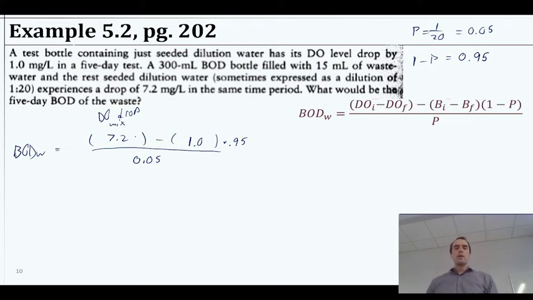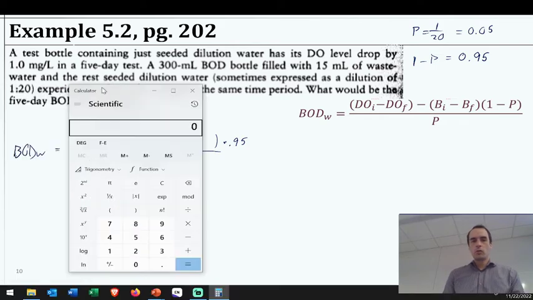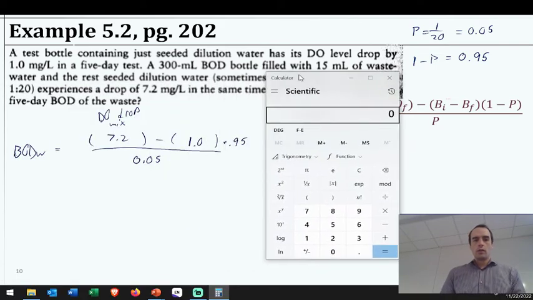So that means it becomes pretty simple here then. 1 times 0.95 is just 0.95. So we'll get a calculator real quick. So we can say that 7.2 minus 0.95 is 6.25. And really, we're just multiplying by 20 here to get our final answer.